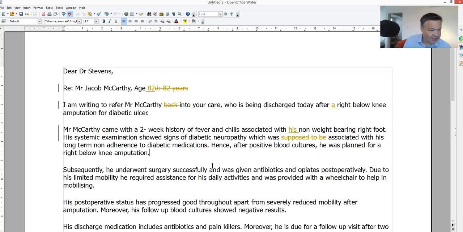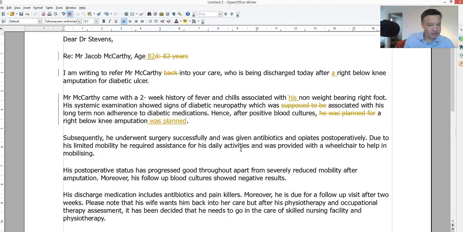I think that is better, because saying he was planned doesn't work. Okay, that is better in terms of word order. A right below knee amputation was planned.